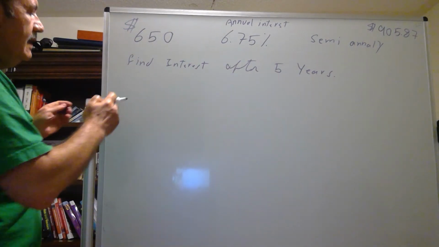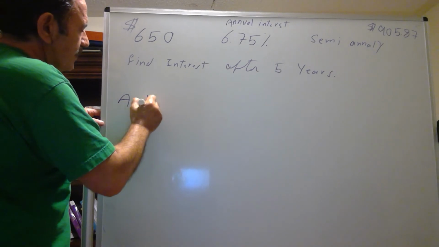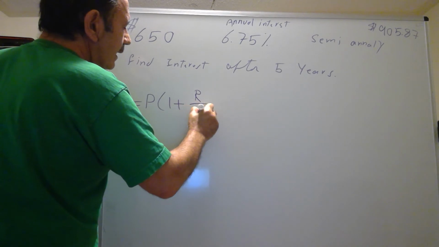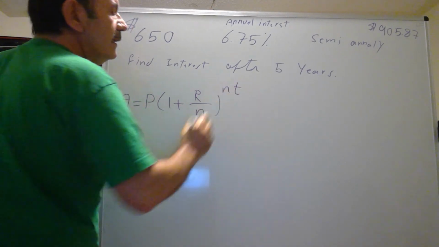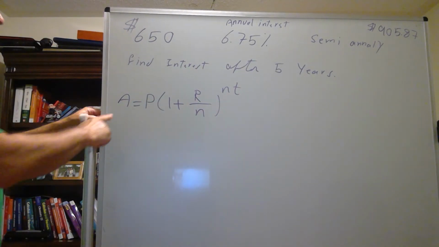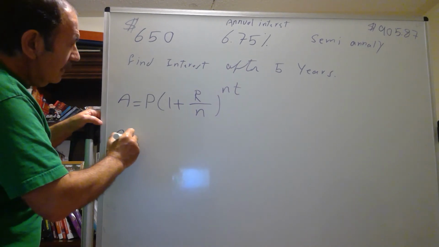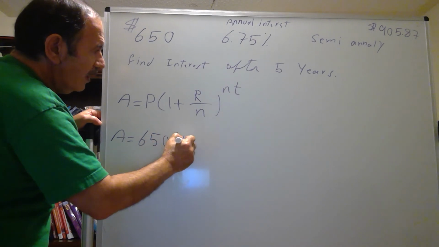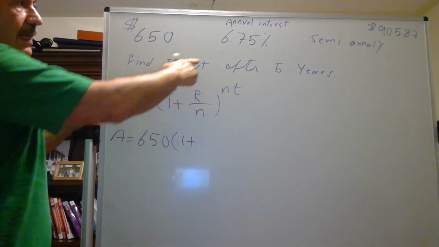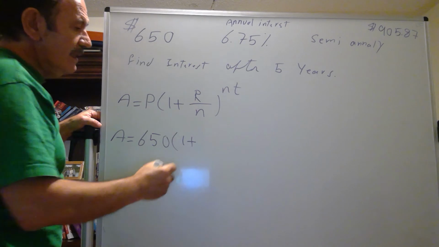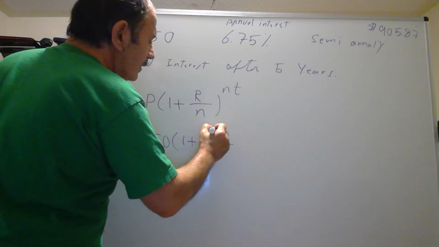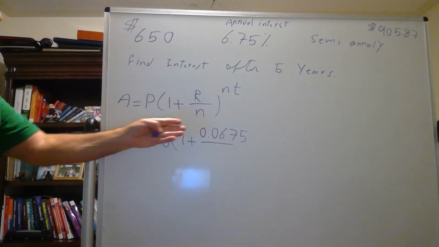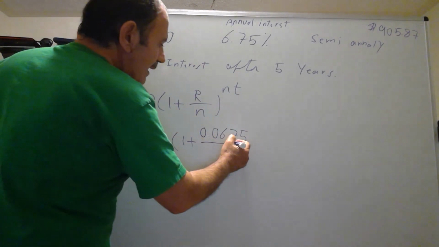The formula is amount equals P times 1 plus R over N, to the power of nT. Now, I'm looking for the amount. The principal is $650. 1 plus, how much is the rate? 6.75% or 0.0675. I converted percent to decimal.